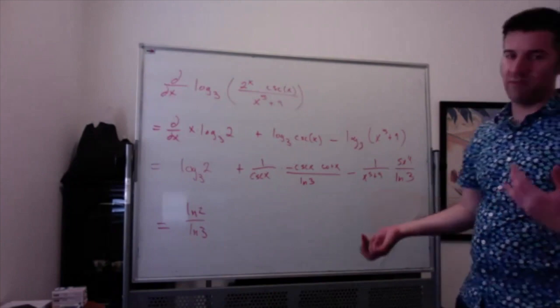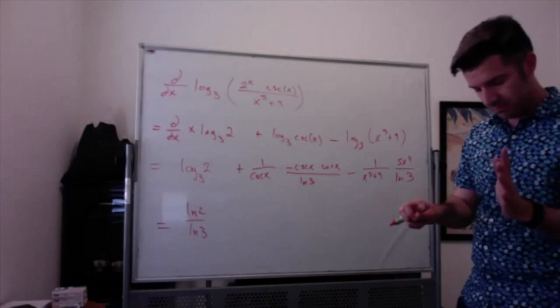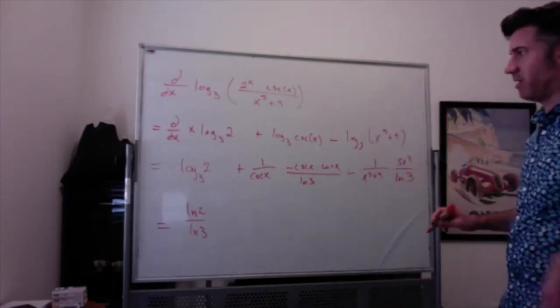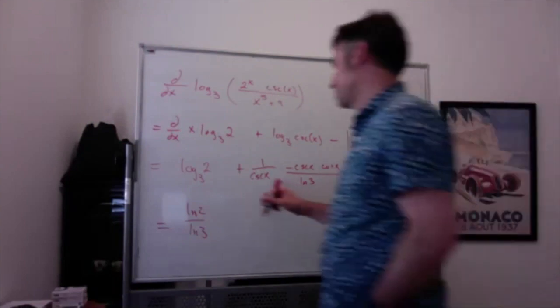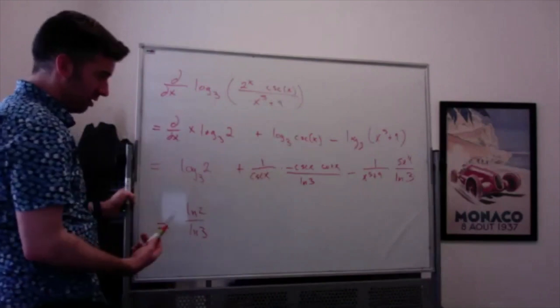This one, you might have rewritten it using the change of base formula first. Either way is fine. But what I do want to say here is that you can kind of, if you wanted to, factor out the 1 over natural log of 3.